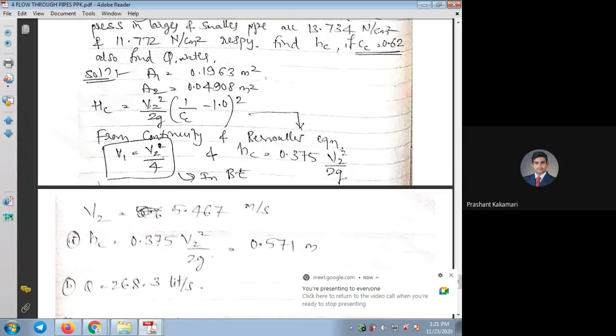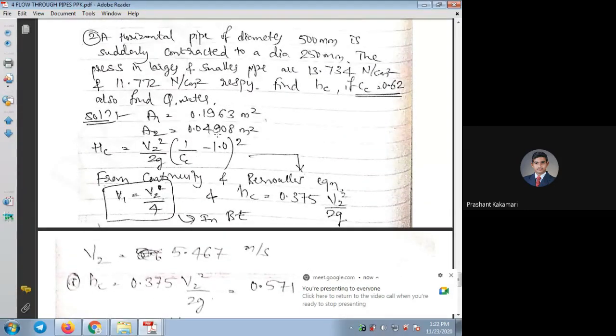Here A1, A2, what you know, or else you can do pi by 4 D1 square, pi by 4 D2 square. From that also you can get the velocity relation. So I may get V1 as 0.25 by 0.5 whole square into V2. So in that condition, it is coming V1 as V2 by 4.